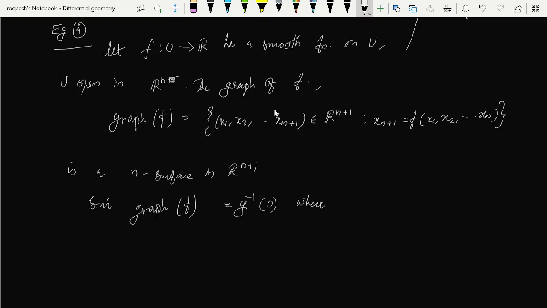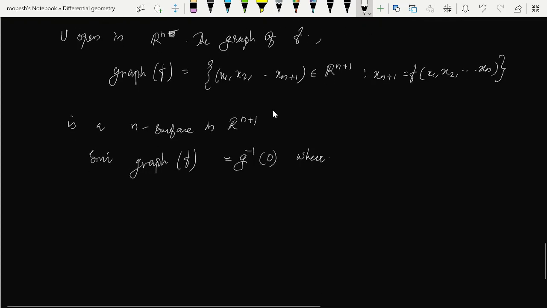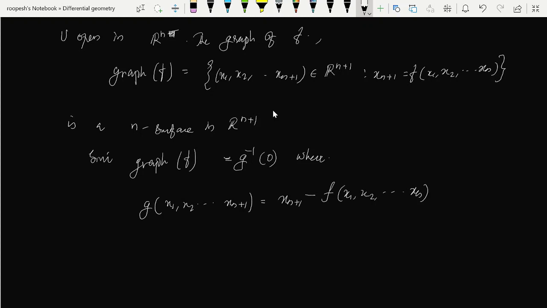Now what should be the g, can you guess? My g should be g of x1, x2, etc., xn plus 1 equal to xn plus 1 minus my f of x1, x2, etc., xn. Is it clear? So when you have a graph of a function, it can be treated as an n surface by taking your g as xn plus 1 minus f of x1, x2, etc., xn.